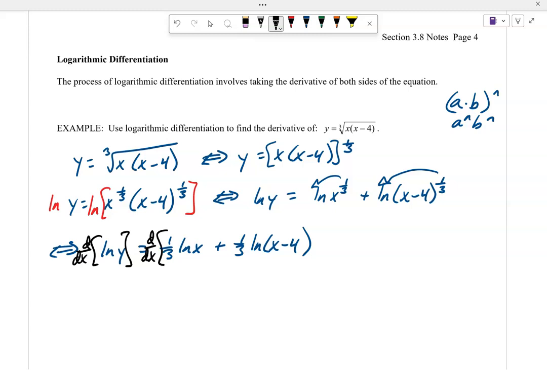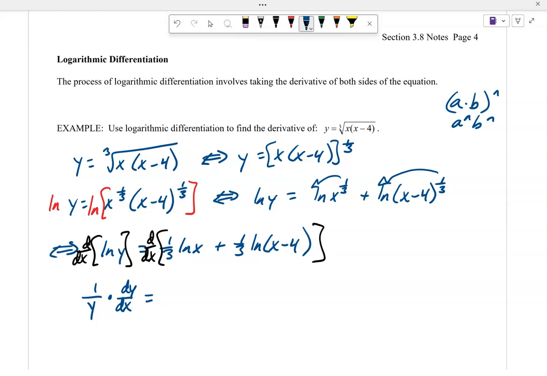And so what we would have is derivative of the natural log of y is 1 over y. Now, those variables disagree, right? So this is our implicit differentiation. So I got to throw on dy dx because we don't know what y is, right? So 1 over y dy dx.